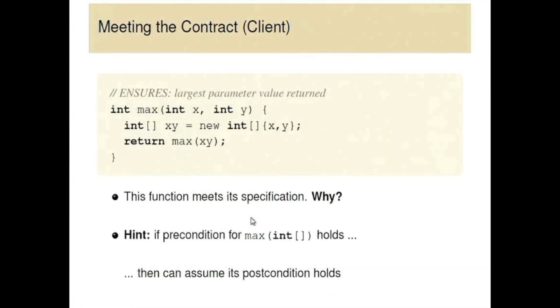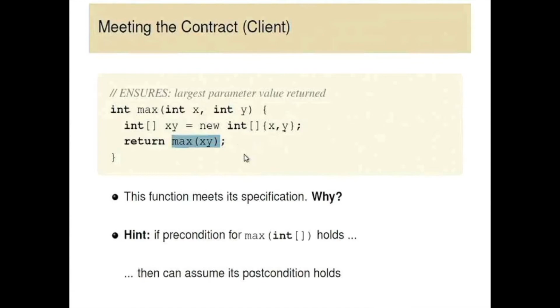All right. So this is not super challenging, I don't think. Okay. So the question is, this function, it meets its specification. This is computing the maximum of 2 numbers, and you'll see what I'm doing is I just created a new array. And I put those 2 numbers into it, and I passed them into the max function.